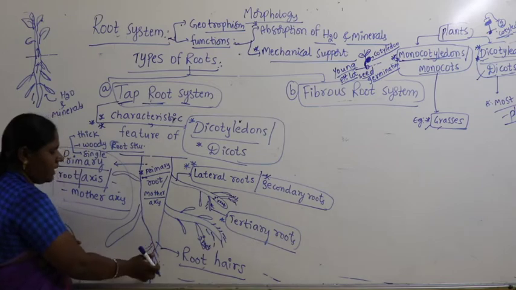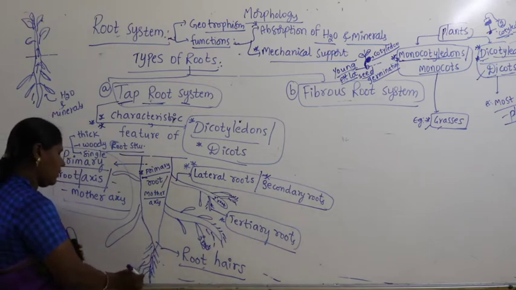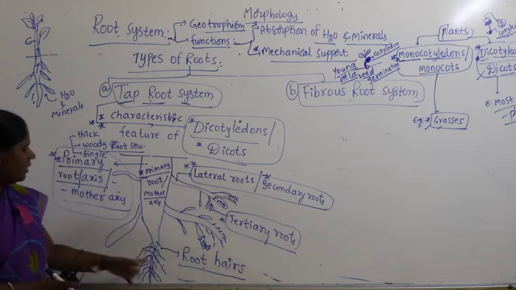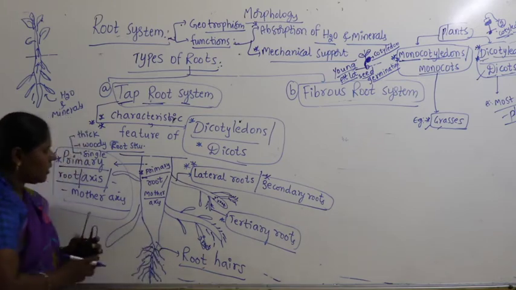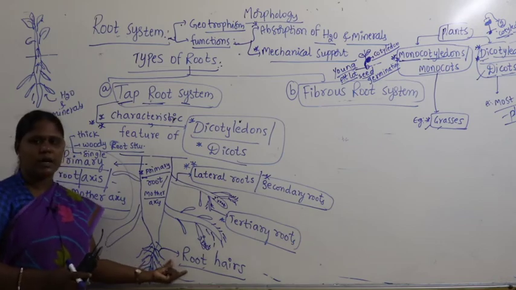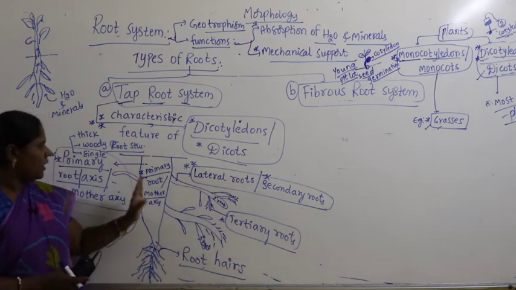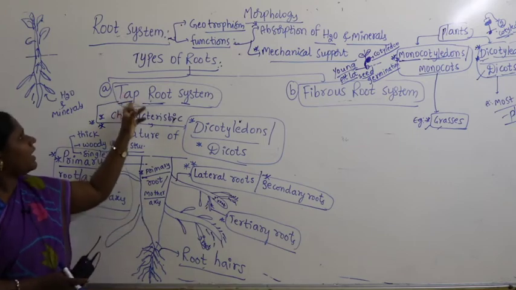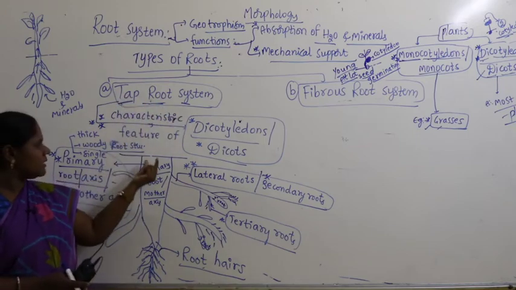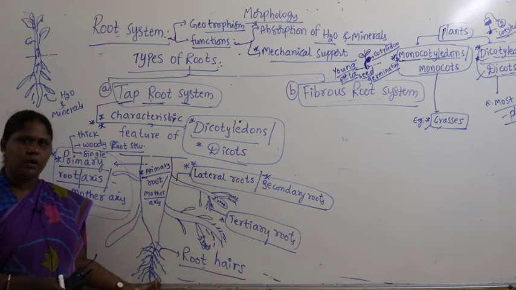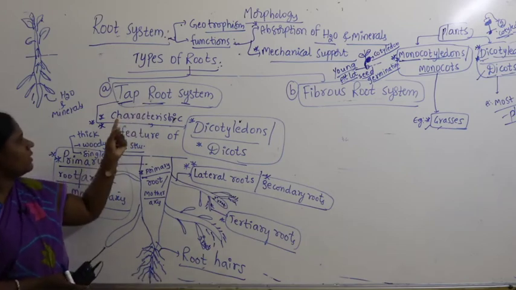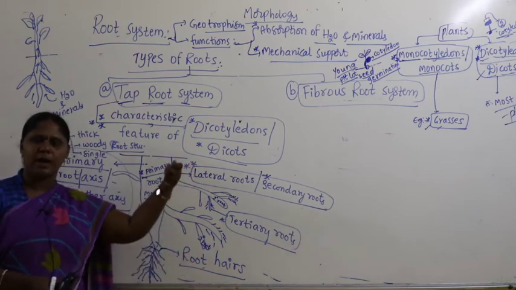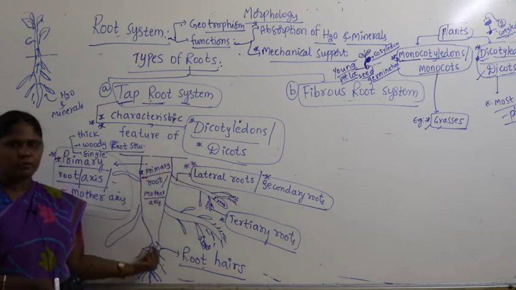Small hair-like structures which are produced like this are called root hairs. Such an arrangement of roots is called the taproot system. This is the taproot. I repeat, what is the taproot system? It's a characteristic feature of dicots. If you pick up any dicot plant, you can see such a root system.